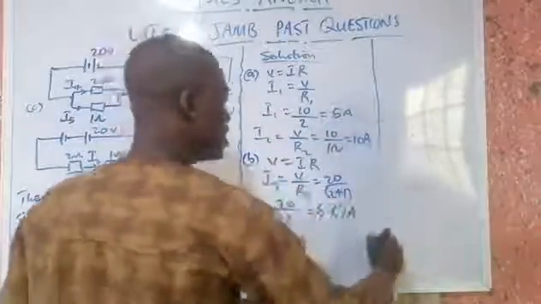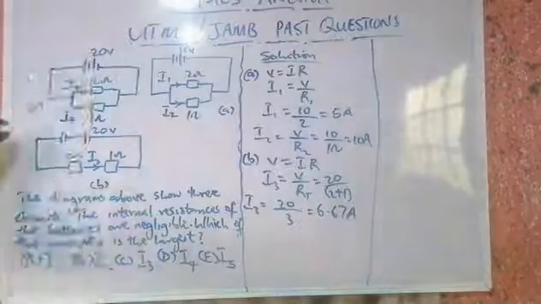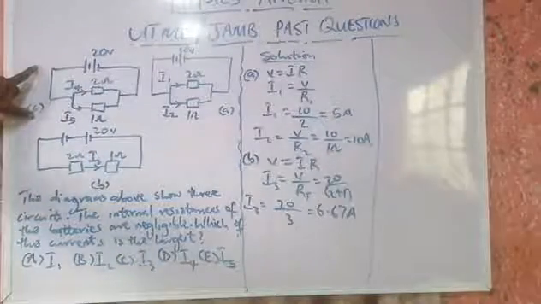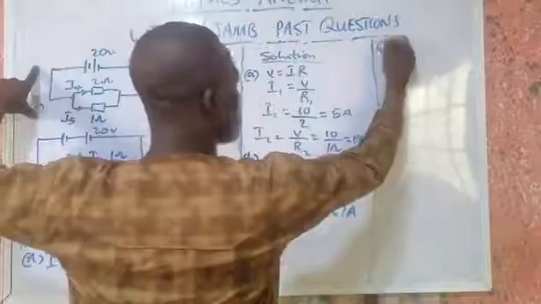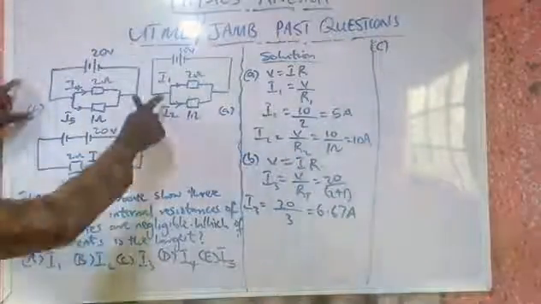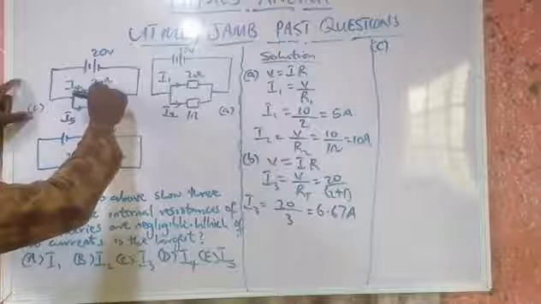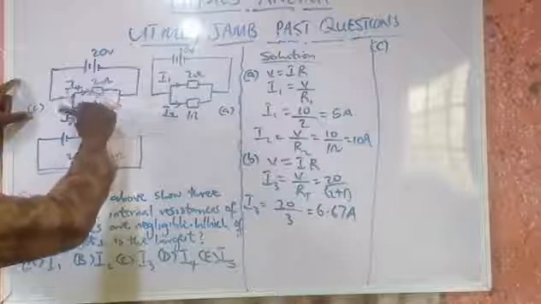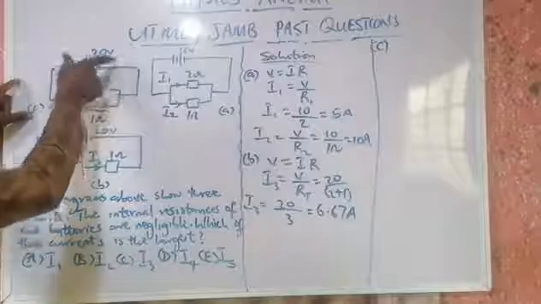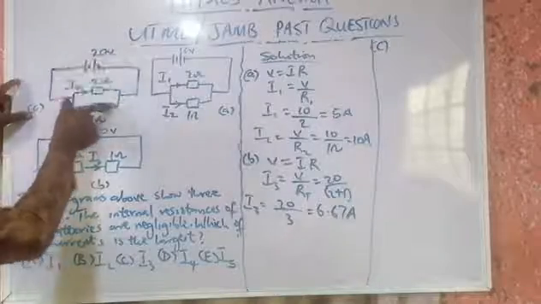So let's quickly calculate our I4. That's going to circuit C. The same way we have here, if you look at the connection of the resistors, they are in parallel. So same voltage, but different currents.